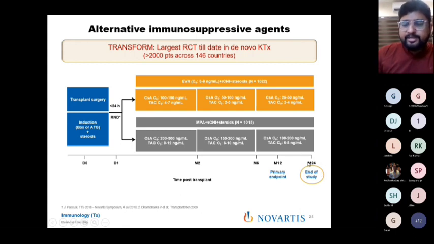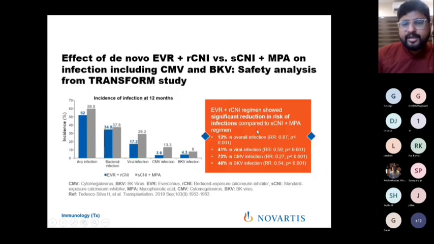At the end of the study, in relation to infection, there was a significant reduction in the risk of infections comparing the low dose CNI group with the mycophenolate group. Everolimus plus low dose CNI showed a marked difference in viral infections, specifically CMV infection as well as BKV infection.